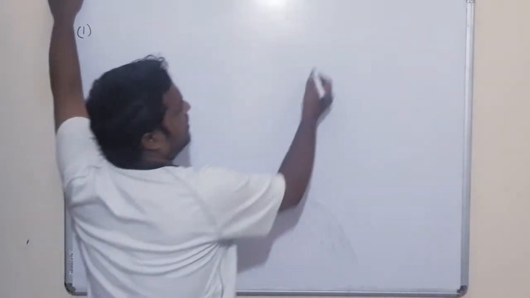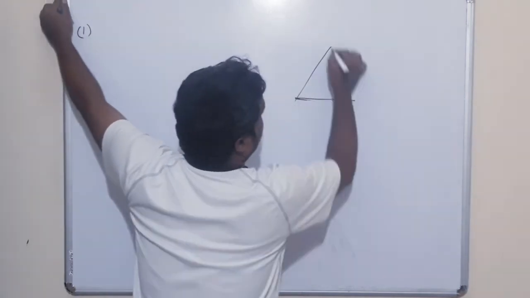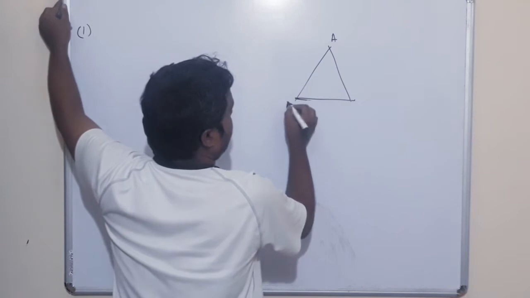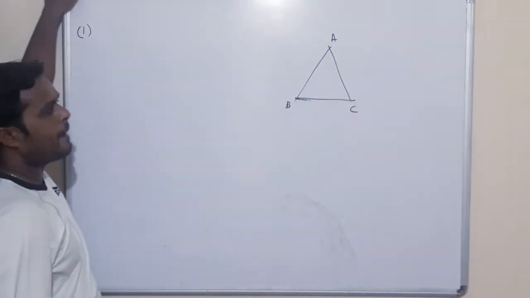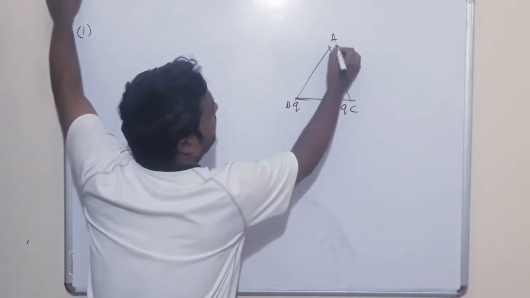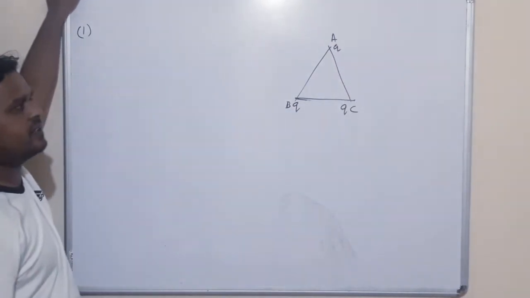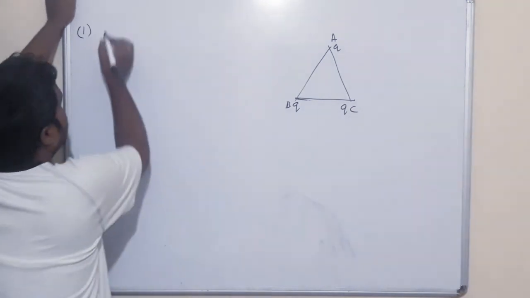Suppose for example, if this is one triangle, this is an equilateral triangle ABC, which is having some similar charges placed at each corner, each vertex.